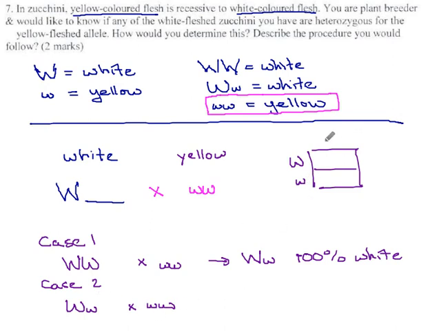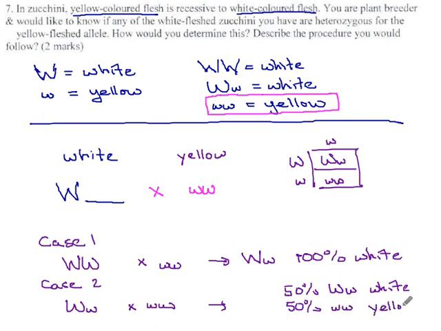This one will only contribute little w's, and so we will get these two kinds of offspring. We will get 50% heterozygous, meaning white, and down here we will get 50% little w, meaning yellow.